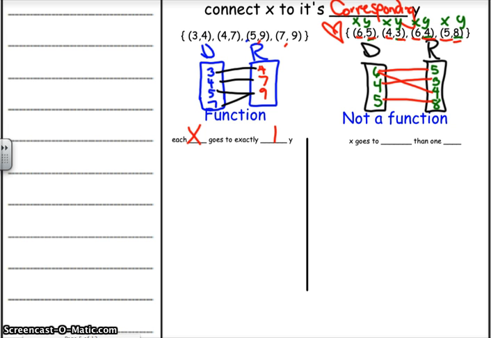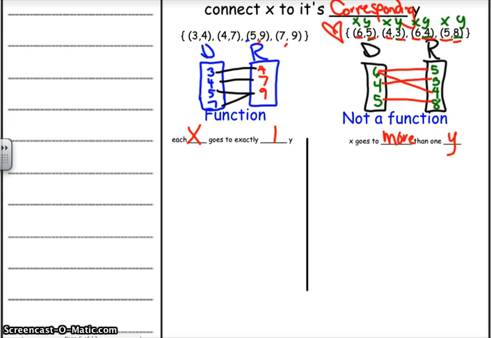Well, here, let's define not a function too. If a function means x goes to 1 y, not a function would be x goes to more than 1 y. X goes to 2 or 3 or 4. It goes to more than 1. If x goes to more than one thing, that means when you put something into a function machine, multiple values are coming out, and that means your function machine is broken.